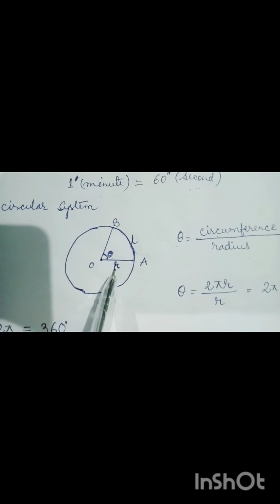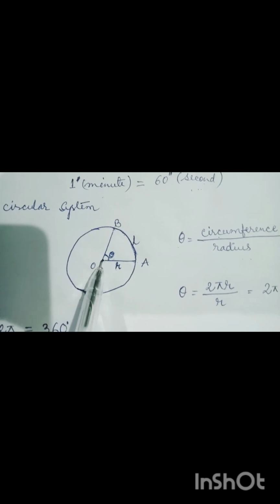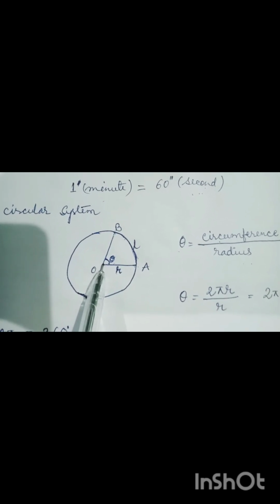If we say arc length divided by radius of the circle, then it is the definition for an angle theta. So when the arc is the full circumference, the value is twice pi r divided by radius r. It gives us twice pi radian.